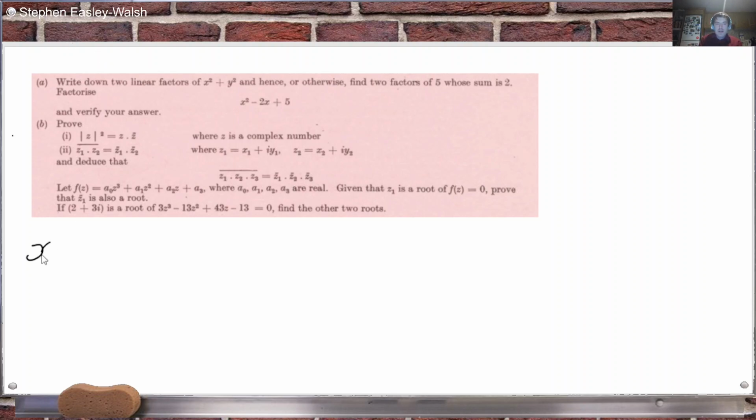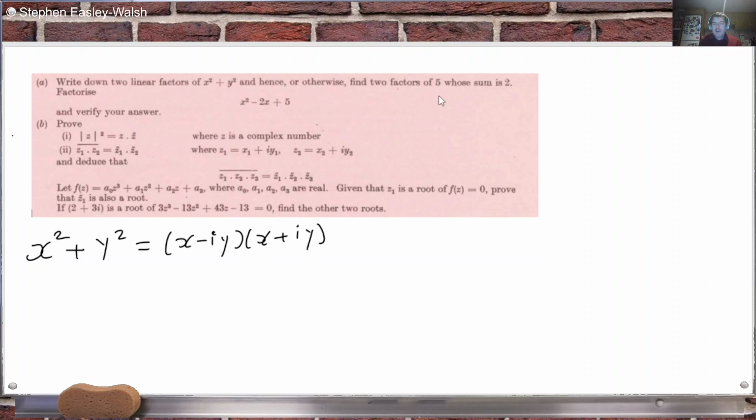So x squared plus y squared equals, let me write that a bit neater. x squared plus y squared equals x minus iy times x plus iy.